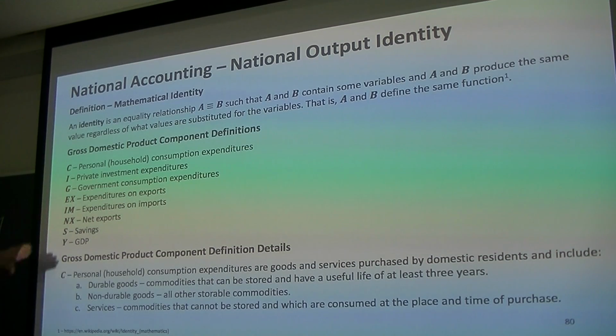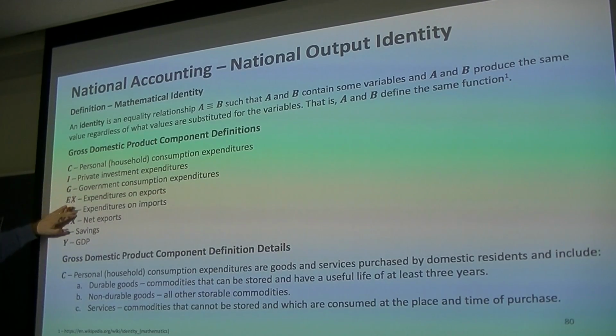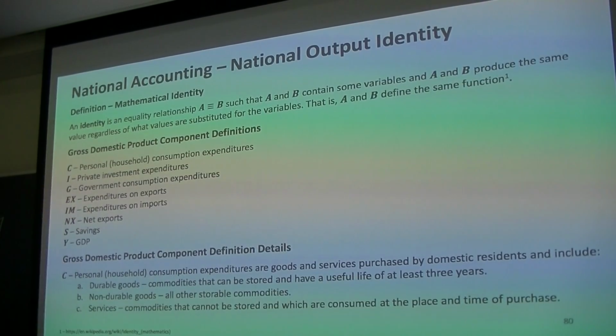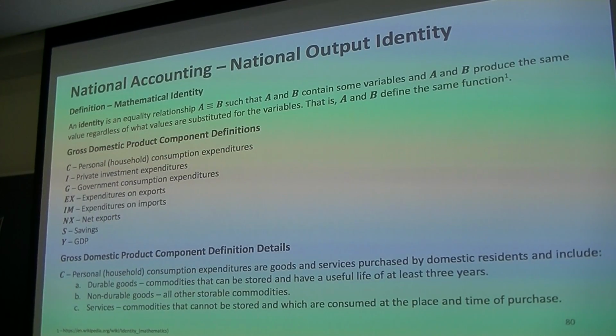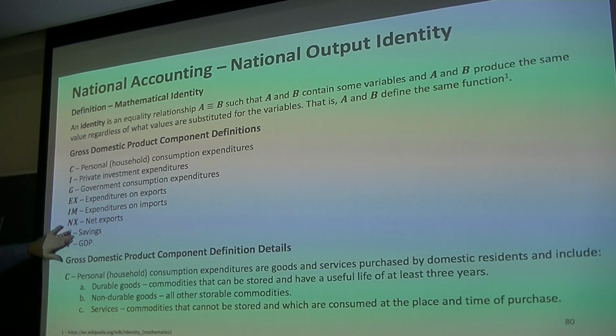That's what a mathematical identity is. So we're going to look at gross domestic product components. As I say, this is review for those of you who were in class last semester, but familiarize yourself with these.